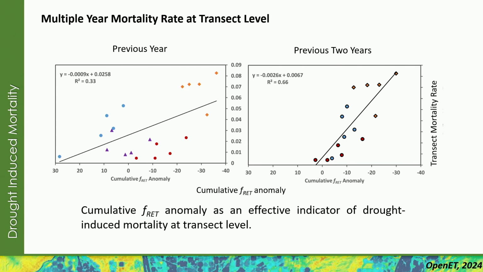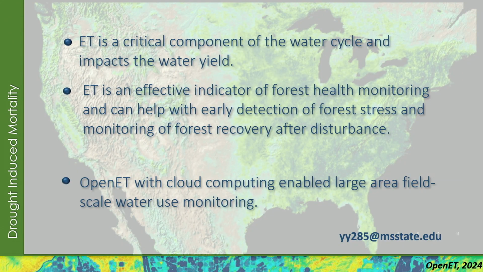A lot of the trees died after the drought because they were not that healthy before the drought already. So these are the two examples that I want to go through in detail to tell you how we use this. As the summary is really, ET is not just a water quantity.